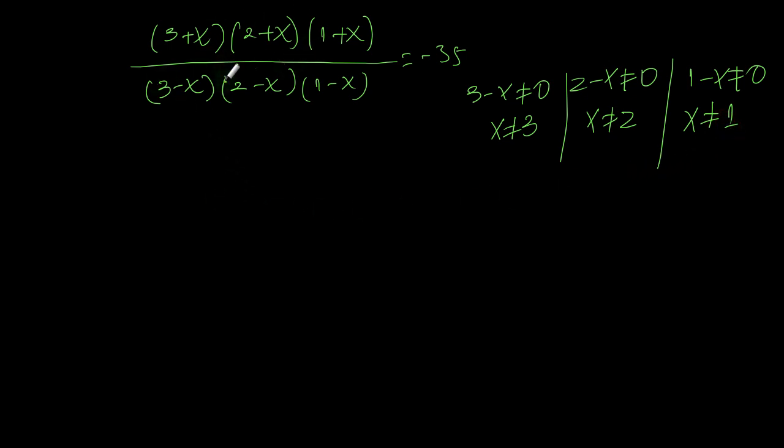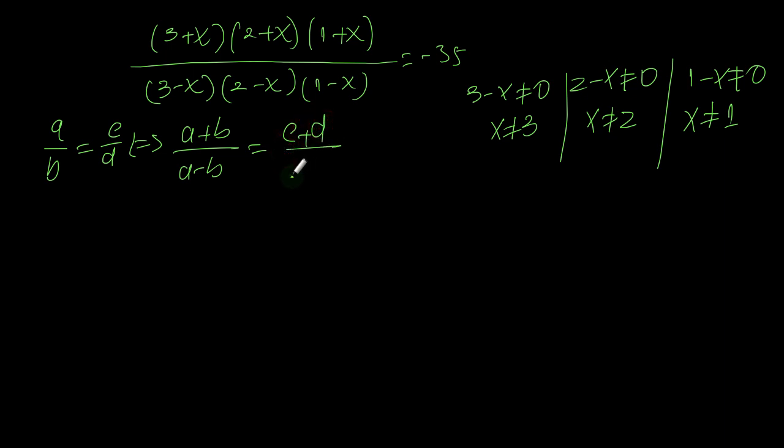So now let's solve our equation, guys. To solve this equation, I'm going to use this property here, right? If you have a over b equals c over d, this is the same thing as a plus b divided by a minus b, which is going to be equal to c plus d over c minus d.